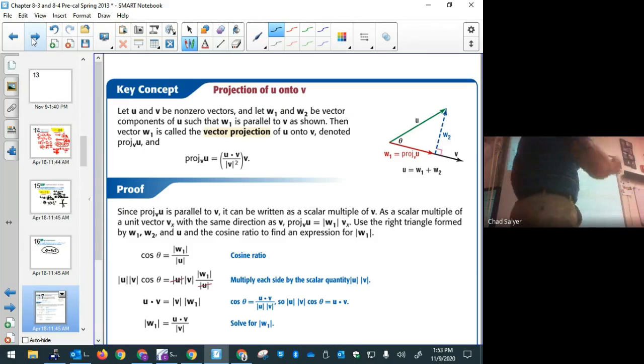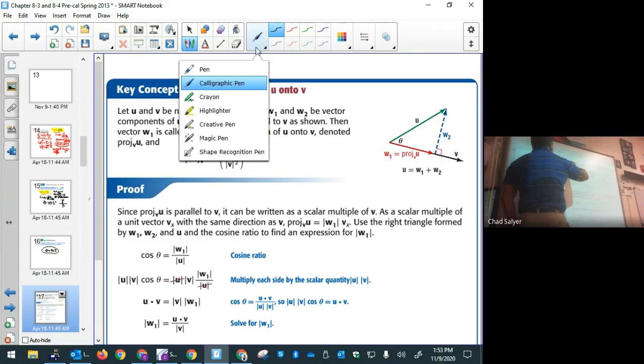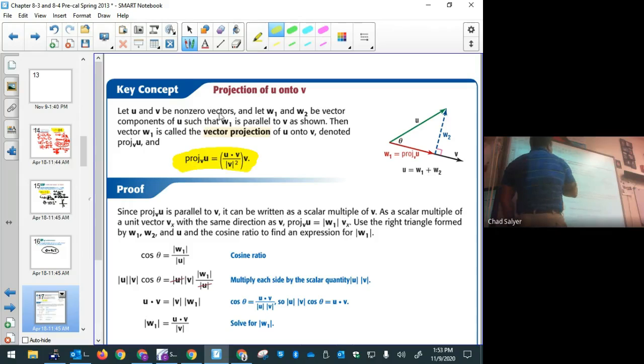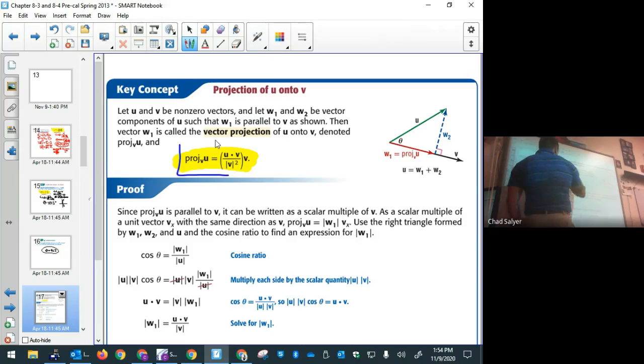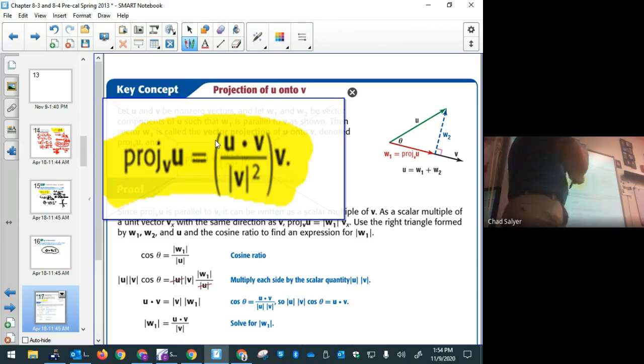Projection of U onto V. So here's our last formula for the day. If I want to project U onto V, remember I told you it's how far U travels along the path of V. Computer, enlarge. Thank you.